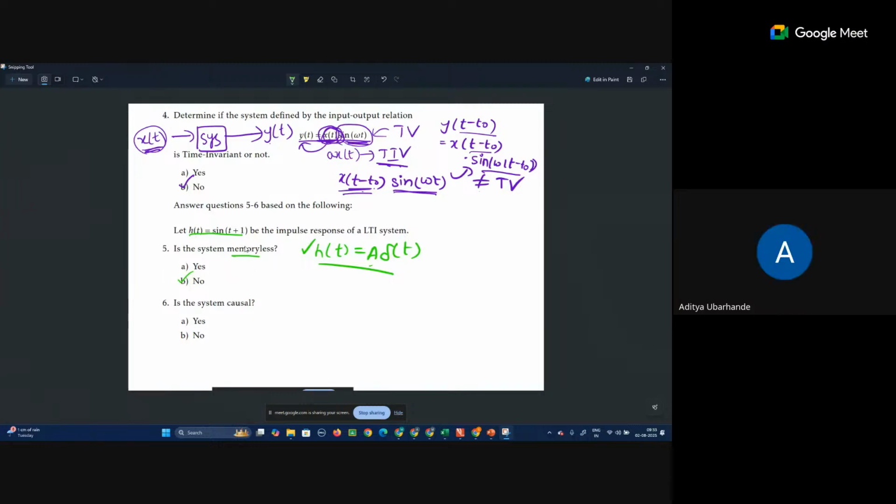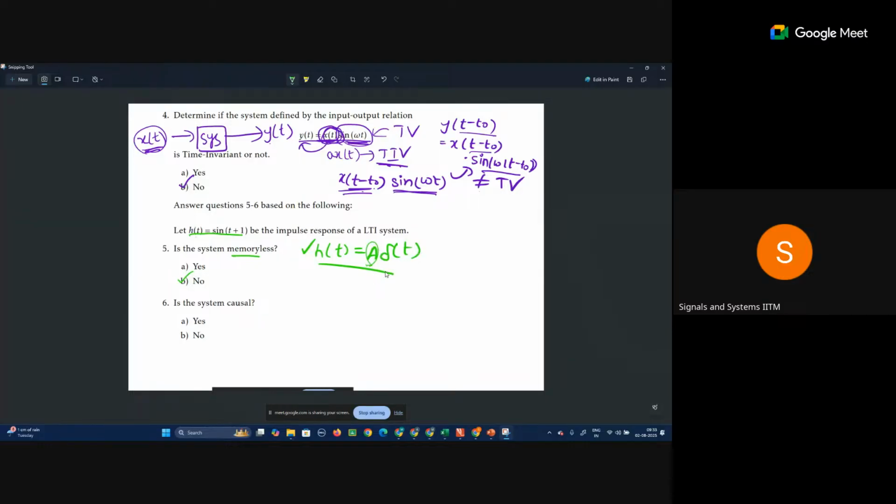So this is basically a simple amplifier, right? Yes, like an amplified version. And a can be negative too; this constant can be negative.